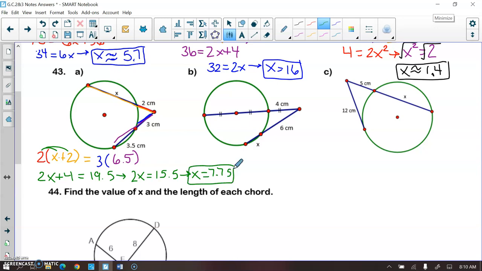All right, next one. This is 2 secants. So the outside of one of my secants times the whole secant is equal to the outside of my other secant times the whole secant. 4 plus 4 plus 4.